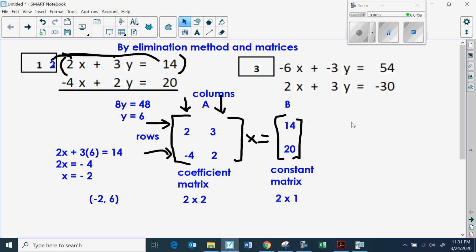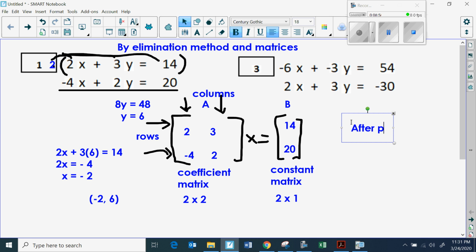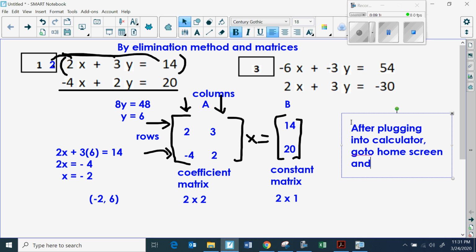Then we come back to the home screen after plugging into the calculator. Go to the home screen and type A inverse B. Enter.